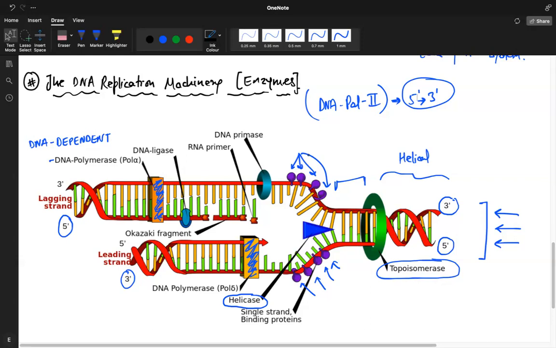If you are running on a treadmill and you are running towards east, where should the treadmill be going towards? West, right? Perfect. So if DNA polymerase can make a long DNA single strand in 5' to 3' direction, what strand should it take as a reference?